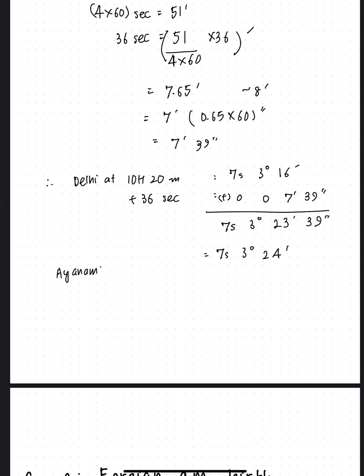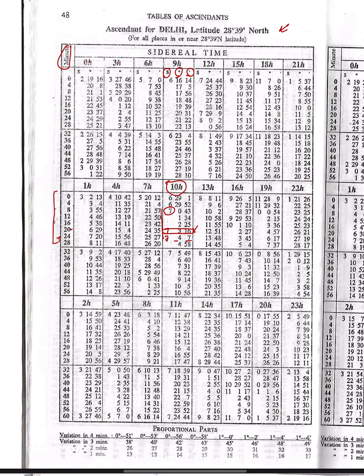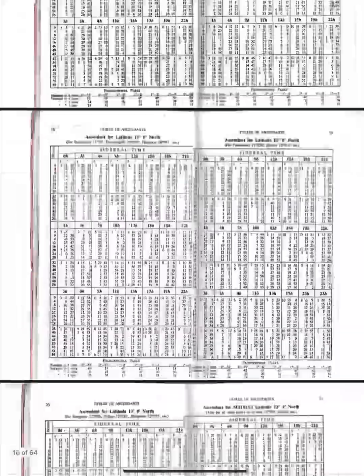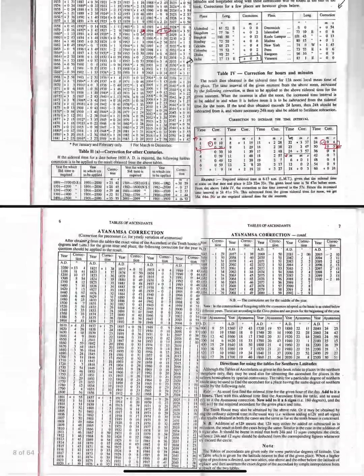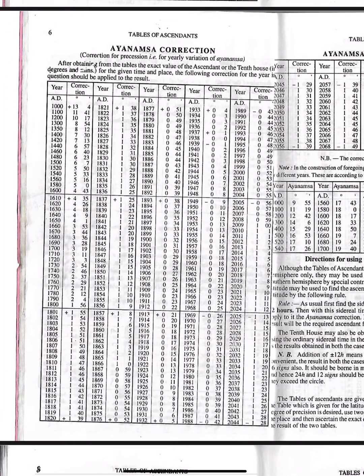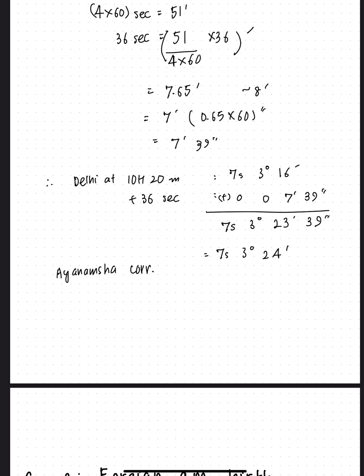Now the last step is to correct the Ayanamsha correction. Again, we go back to the table of ascendants for the last time. Scroll all the way back up and find this Ayanamsha correction for the year only. So we go to 1994, which is somewhere here. Degree, minutes, it's 0 degree, 47 minutes.